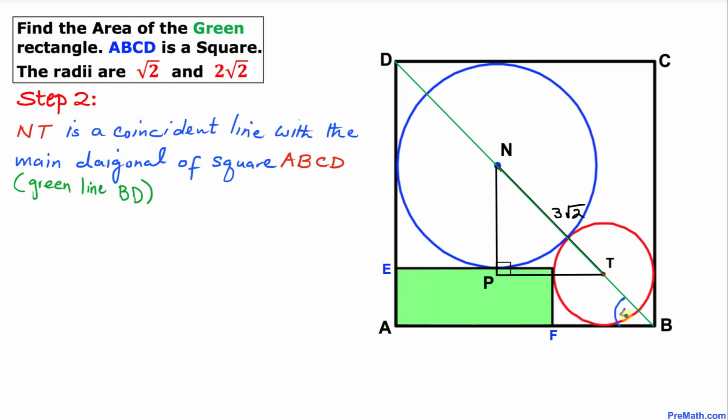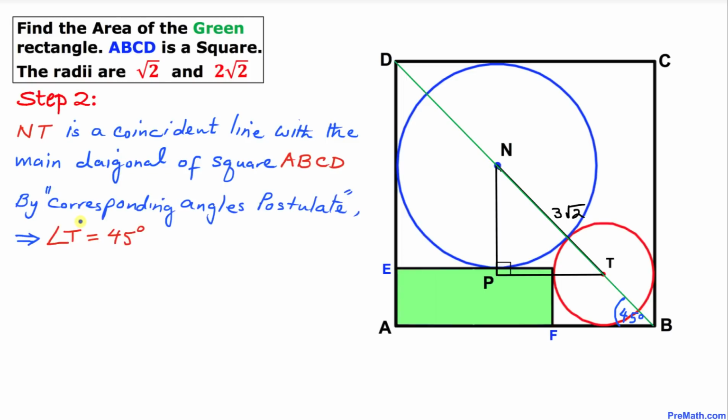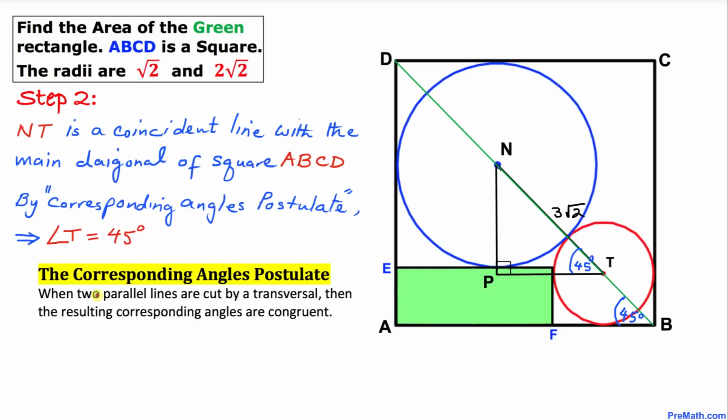Then according to the corresponding angles postulate, this angle T has got to be 45 degrees as well. Here it is, the corresponding angles postulate: when two parallel lines are cut by a transversal, the resulting corresponding angles are congruent.